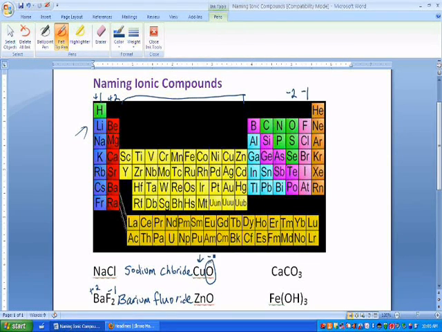Oxygen, if you look at the anion, has a charge of -2. So copper has +2. Therefore, because copper can have multiple oxidation states, you need to indicate which state this particular compound has. So what you need to write down is copper, indicated with the Roman numeral 2, oxide.